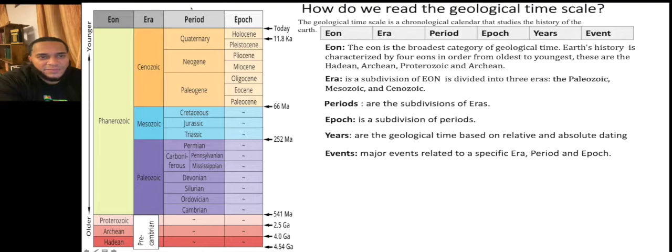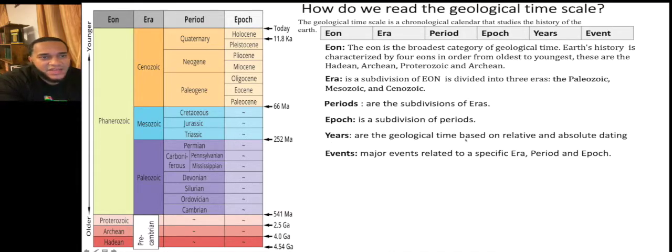So repeat after me. Eon is the largest and broadest category of the geological time scale, era is a subdivision of eon, periods is a subdivision of era, and epoch is a subdivision of periods.